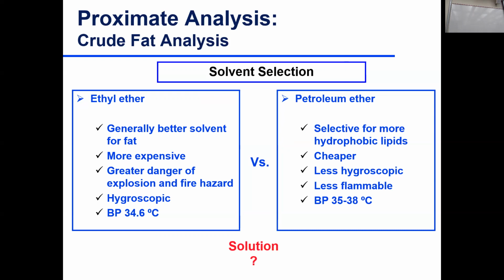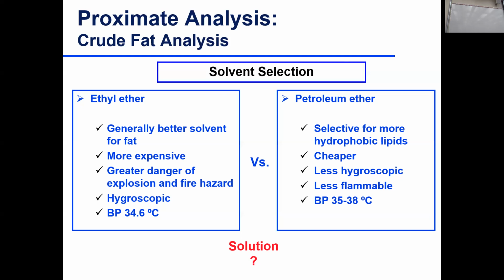Whereas petroleum ether is more specific for hydrophobic lipids. So if we know that our lipid components are mostly triacylglycerols, then it would be good to use petroleum ether because triacylglycerols are hydrophobic lipids.